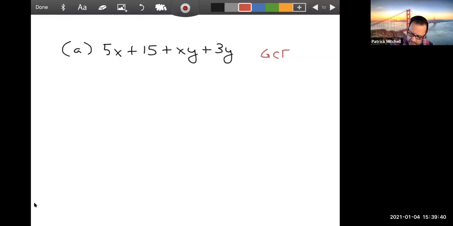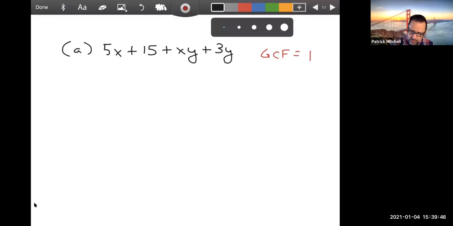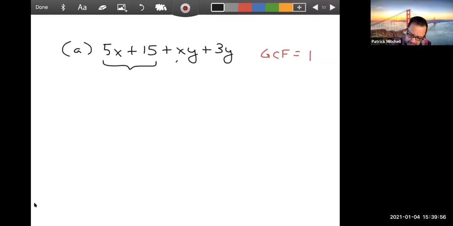Okay, so GCF is no help. Okay, but because it has 4 terms, I'm thinking factor by grouping. So this is how factoring by grouping works. You group the first 2 and the last 2 together, and you see if those pairs of terms have a greatest common factor. And this time that works.